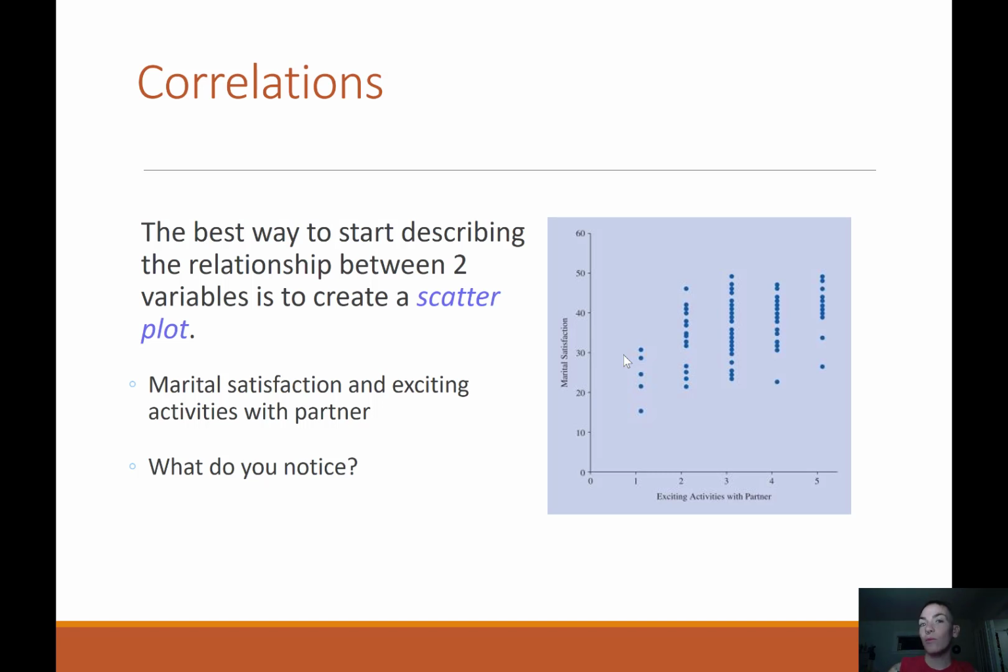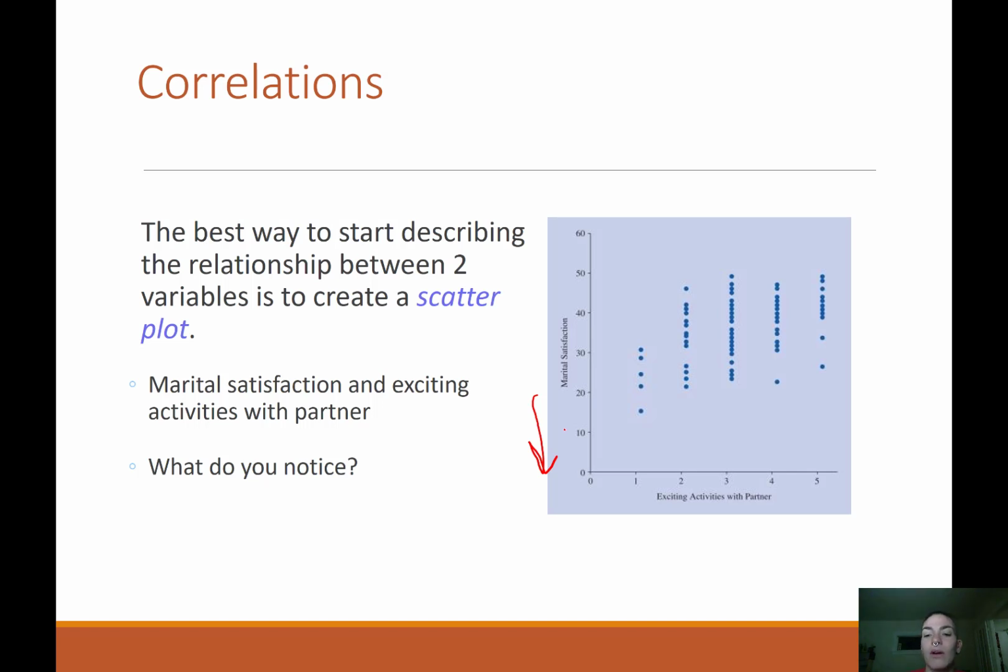One thing that hopefully you're noticing is that there tends to be a relationship here. There tends to be a pattern. And I know you haven't learned about it yet, but just intuitively you can see that there are people who have lower general marital satisfaction scores, who are on this lower end of the y-axis, also tend to be in the lower end of number of exciting activities with a partner.